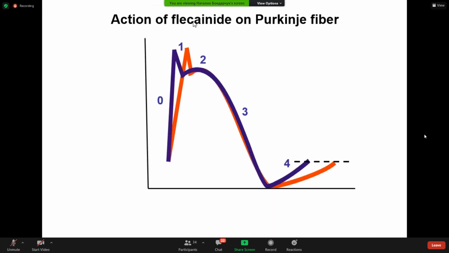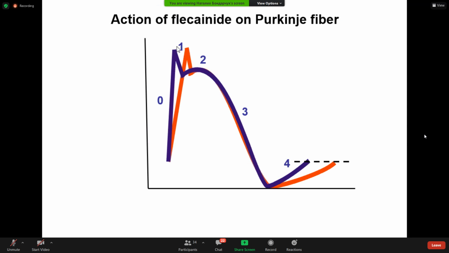The 1C class: flecainide, action of this class on the action potential of the Purkinje fibers. This drug also belongs to the drugs that block sodium channels. I will remind you that sodium channels play the major role during the zero phase and fourth phase.